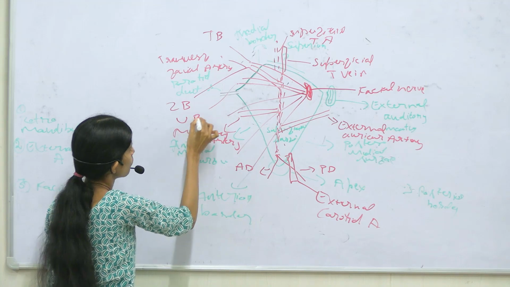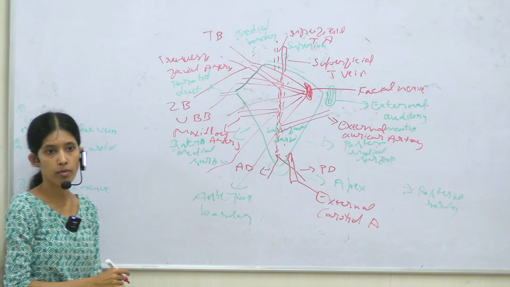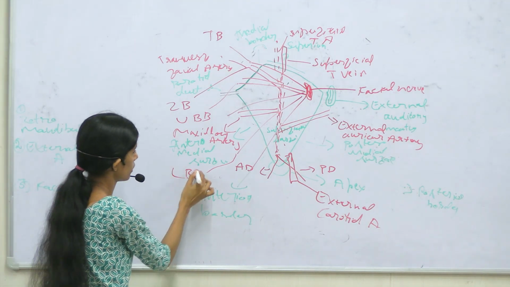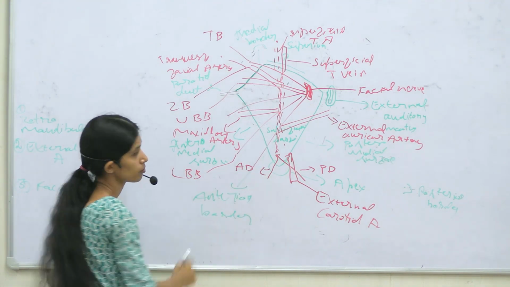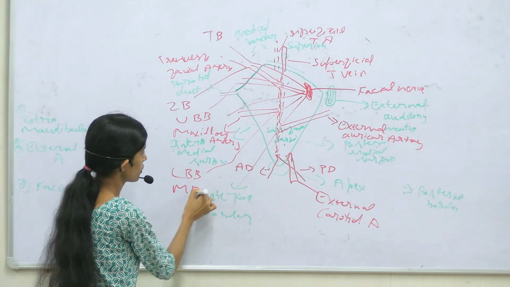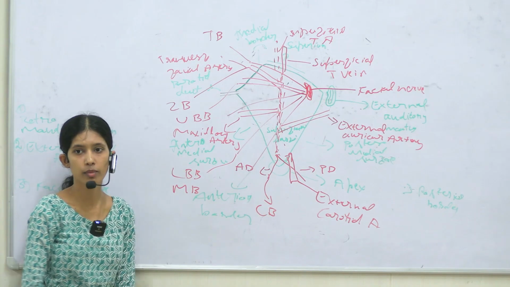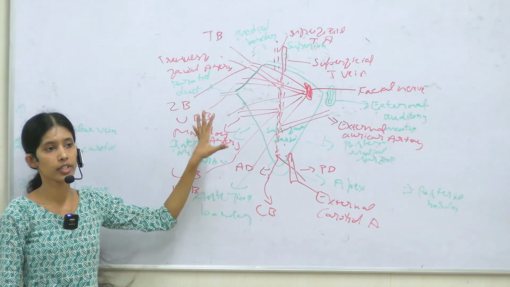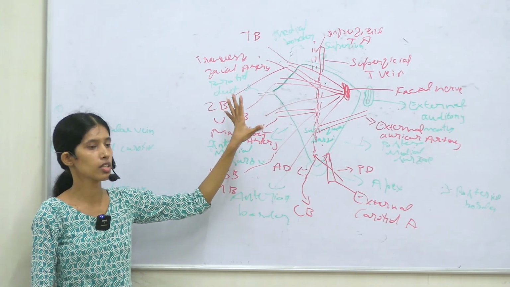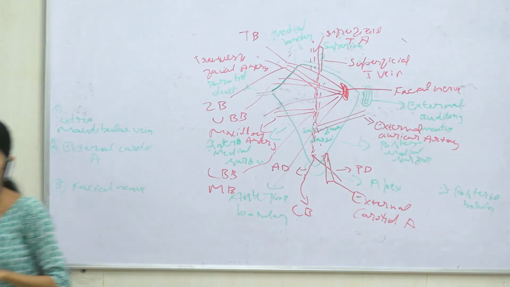Next we have upper buccal branch followed by lower buccal branch. Then we have marginal mandibular branch. The last one is cervical branch. These are the few important structures and their branches present within your parotid gland. You have to remember.